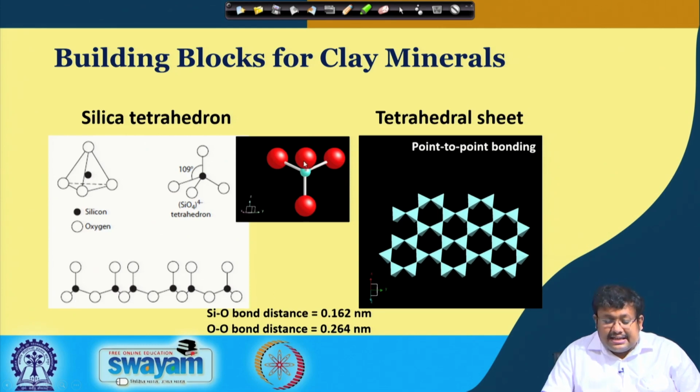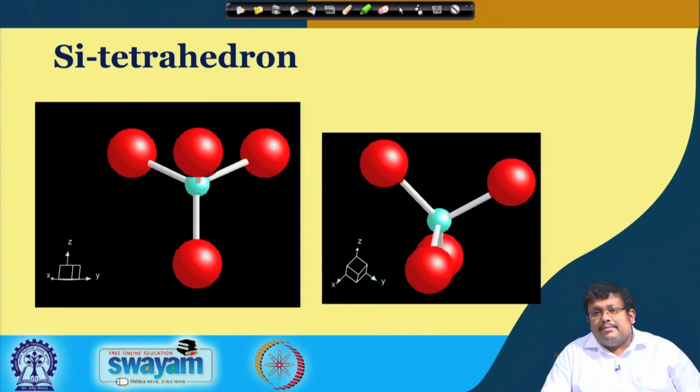Now, as you can see here, this is an individual silica tetrahedron 3-dimensional figure, and this is the tetrahedral sheet which is generated by sharing their points. So, let us see how they join together. These are the individual silica tetrahedra.